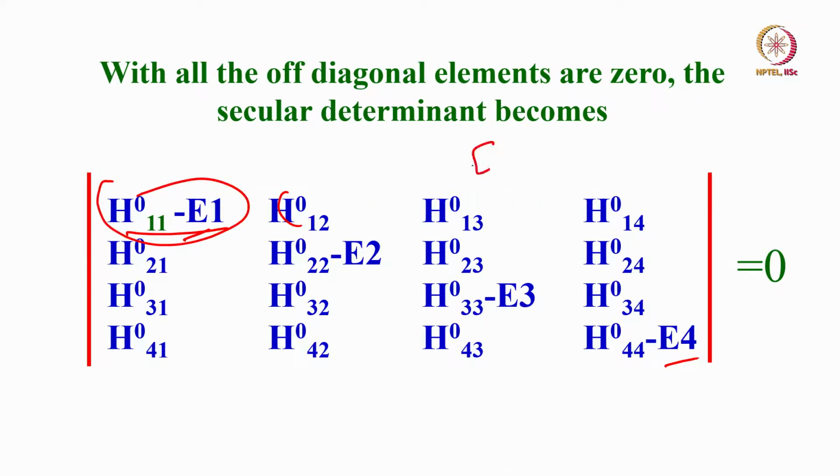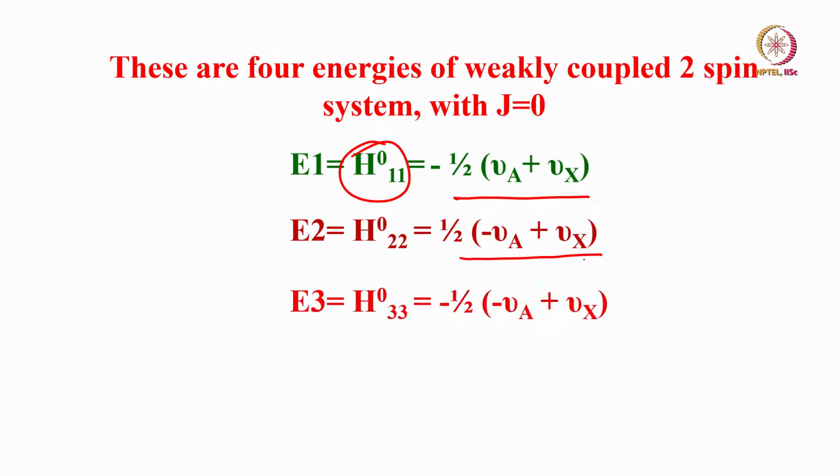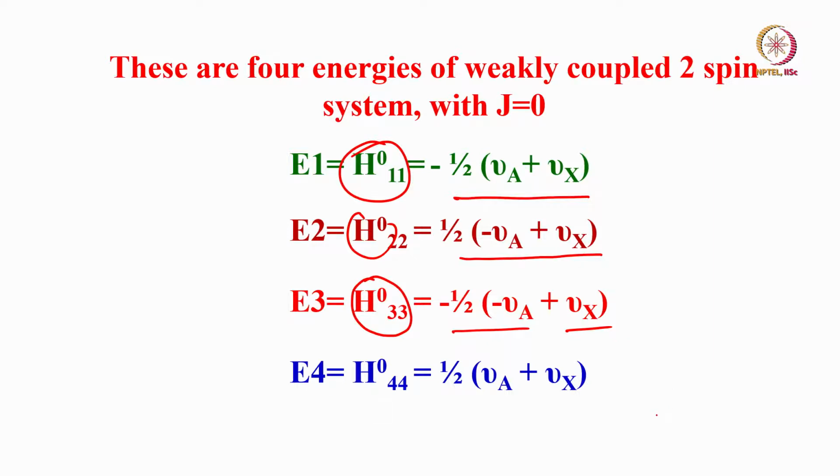So, E1 is equal to H11, which is nothing but what we already worked out, minus half of nu A plus nu X. Now, E2 we already worked out, that is H22, you get half into minus nu A plus nu X. Similarly, E3 is the diagonal element H33, and this is minus half of nu A plus nu X, and E4 is half of nu A plus nu X. So, we got all the 4 diagonal elements, with that we get all the eigenvalues.